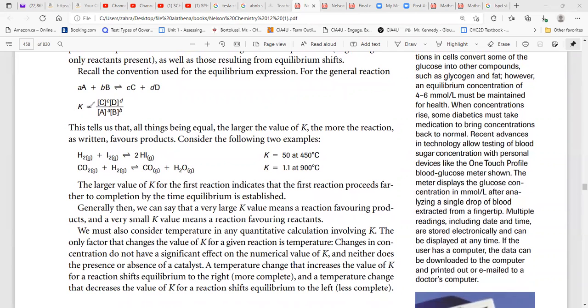When equilibrium has been reached, the concentrations you see here are the concentration of the products and the concentration of the reactants at equilibrium.